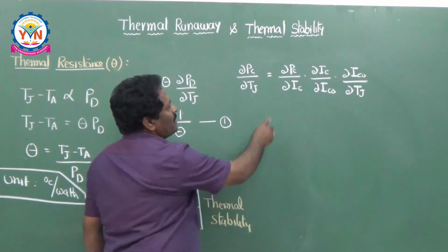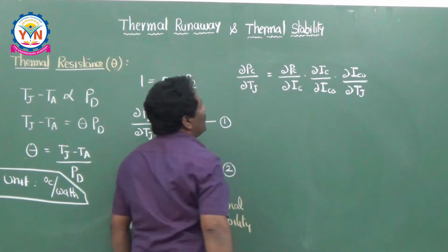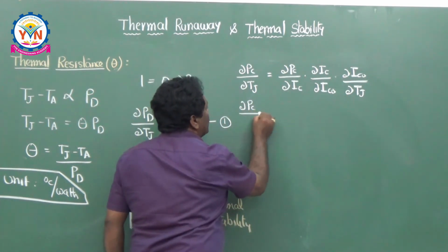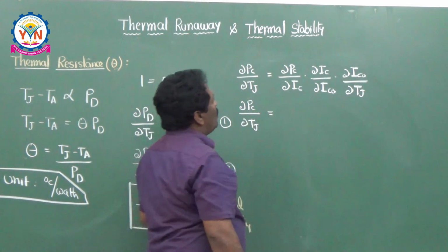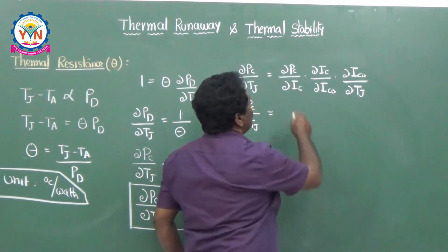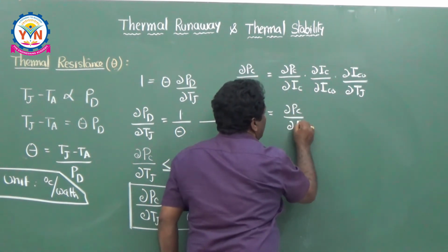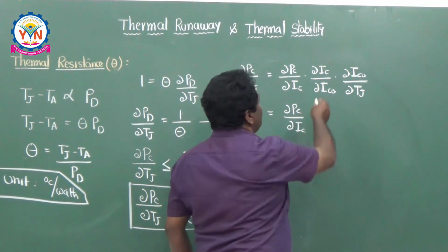So, finally, this and this will be cancelled, this and this will be cancelled, dou Pc by dou Tj. Now, just observe carefully, dou Pc by dou Tj is equal to dou Pc by dou Ic multiplied by dou Ic by dou Ic naught.